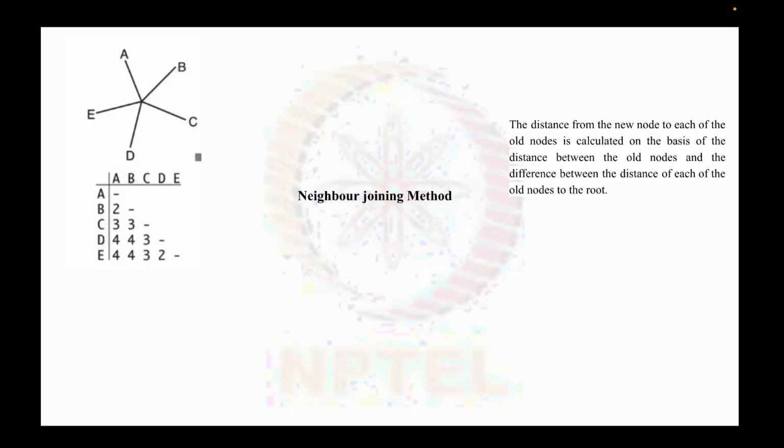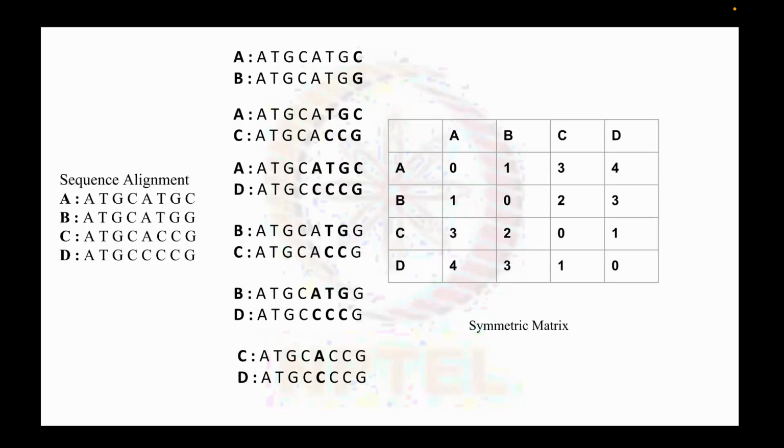This neighbor joining method starts with a star-like tree where all taxa are connected. Here I first made all the possible pairwise alignments of the given sequences, then I counted the mismatches.